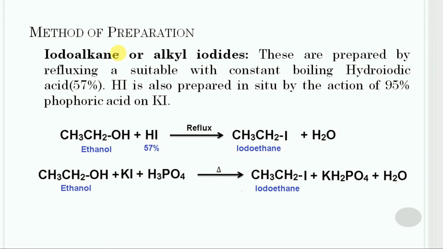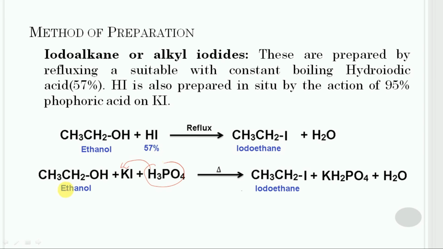Then the case of iodoalkane or alkyl iodide. These are prepared by refluxing a suitable alcohol with constant boiling hydroiodic acid, that is 50%. In this case, again hydroiodic acid is prepared in situ by the action of 95% phosphoric acid on potassium iodide.